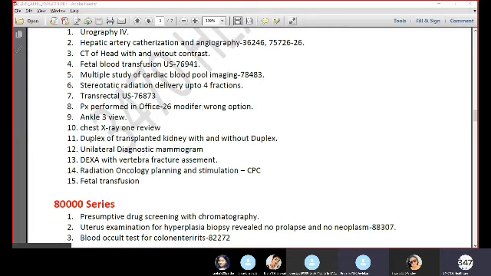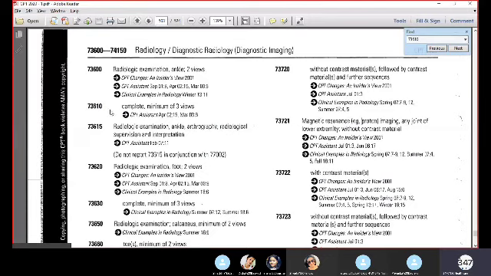Two views, right? Laterals, transverse view. Laterals means it is already two, left side and right side. Then transverse, so three views. So 73610 is the answer.